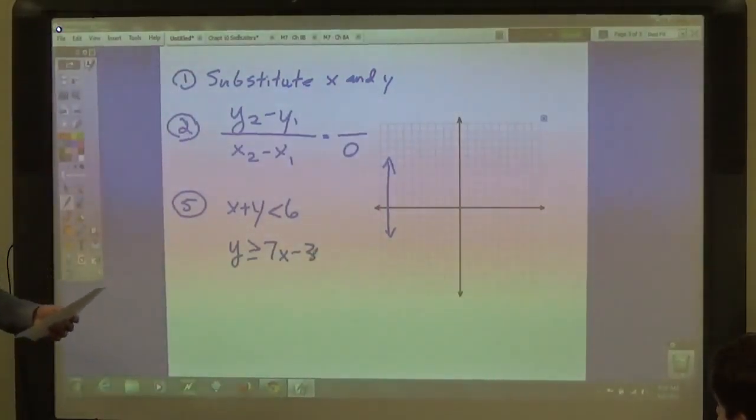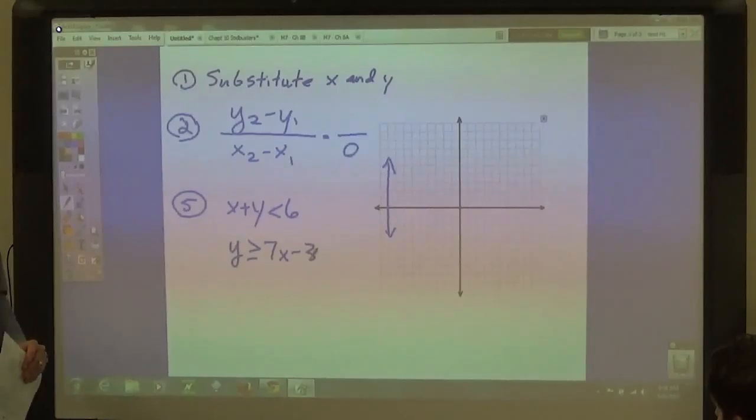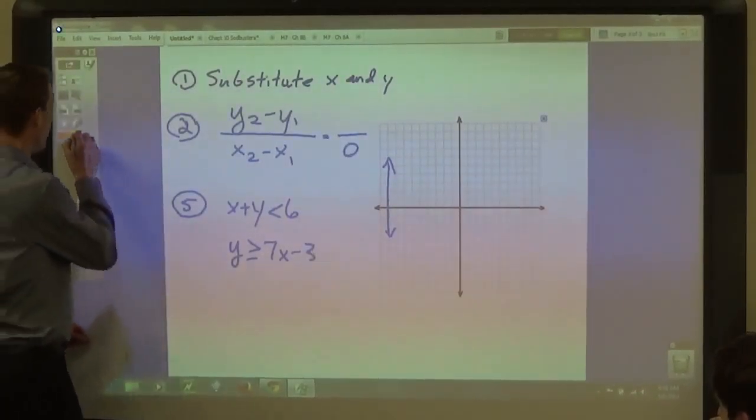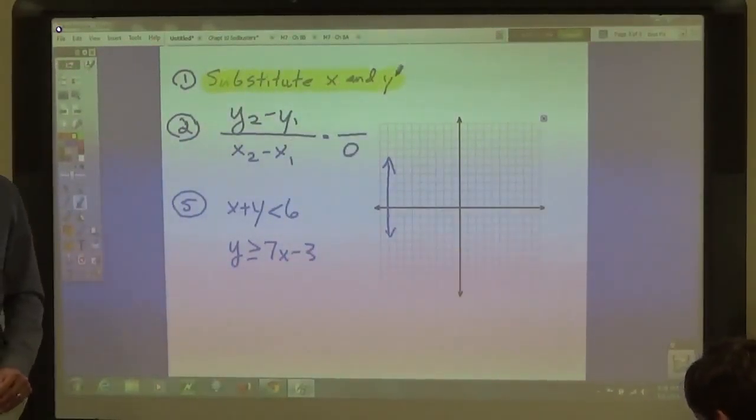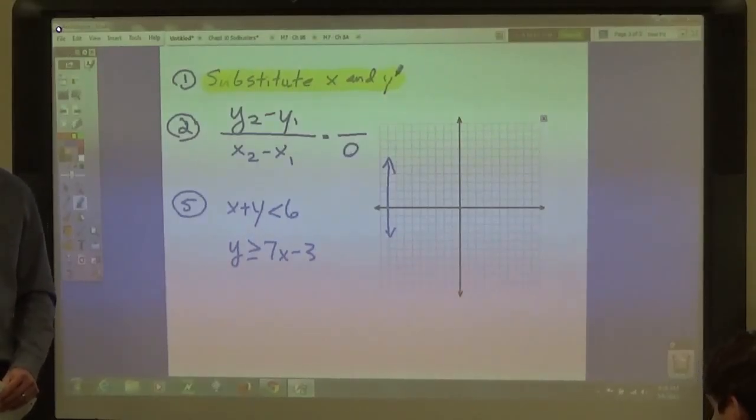Right? So, which one would be true for both? How would you be able to tell? Again, you'd have to substitute x and y. Find the one that makes it true. That's true for both. Okay?